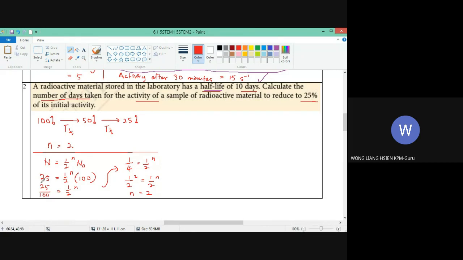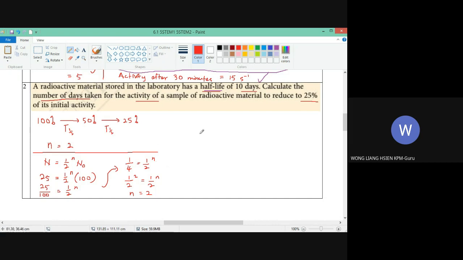But if this number is very big, a very weird number, then it is difficult to see what power of a half it is. Then you have to use log: put log on the left side, log on the right side, and then calculate n. You learn logarithms in your additional maths.